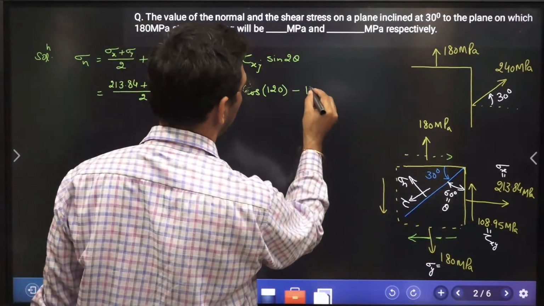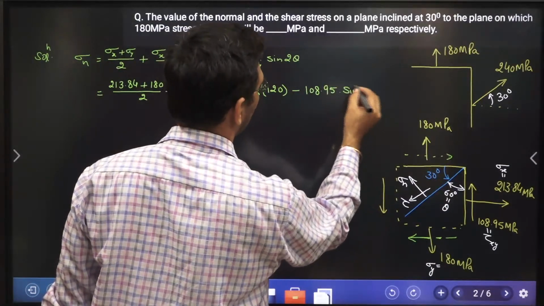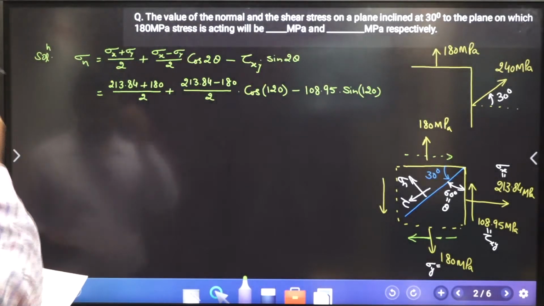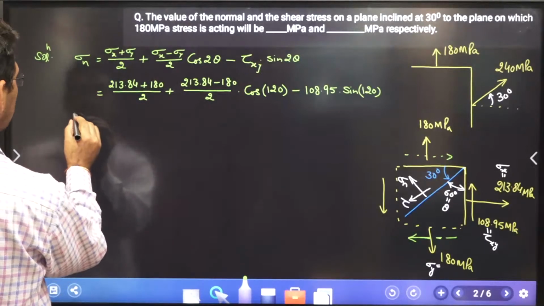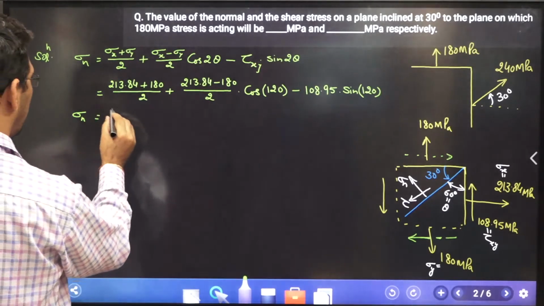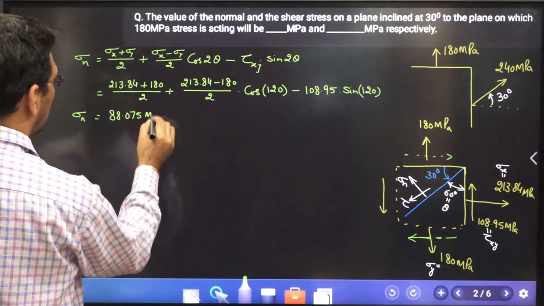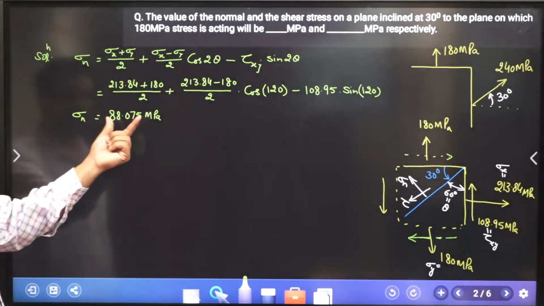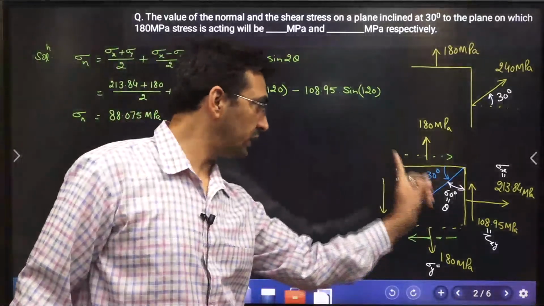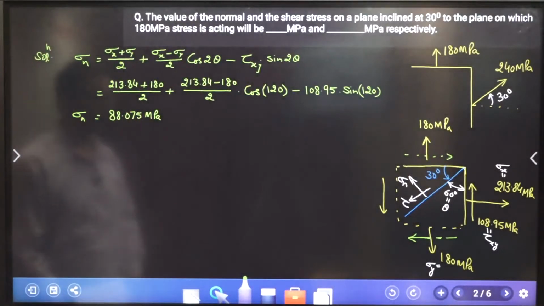Tau xy is 108.95 into sine again 120. That's all. So what is the value? Sigma n is coming out as 88.075 megapascal. Now keep it in mind, the value of sigma n that I'm getting is positive. It means its direction will be in the same direction in which I have shown. That means it is tensile in nature only. That is how I will come to know.